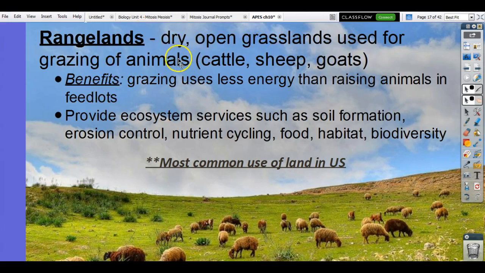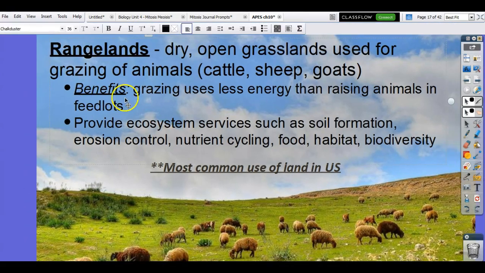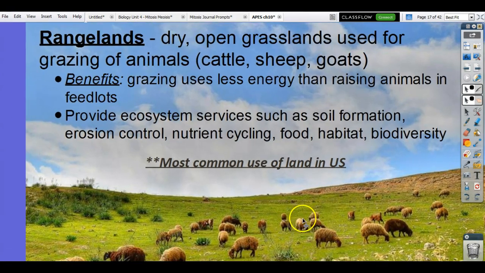So you have this written down, the benefits, okay? Well, if we're grazing, we're using the natural land. And if we're using the natural land, it uses a lot less energy than raising animals in what we call feedlots, or basically big farms. They raise animals a lot of times in basically big sheds, okay, where they have very little room, and the waste is really concentrated. They have to figure out what to do with the manure.